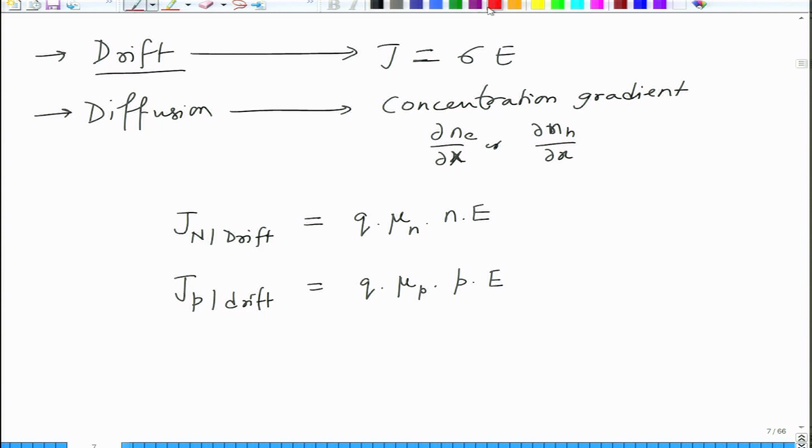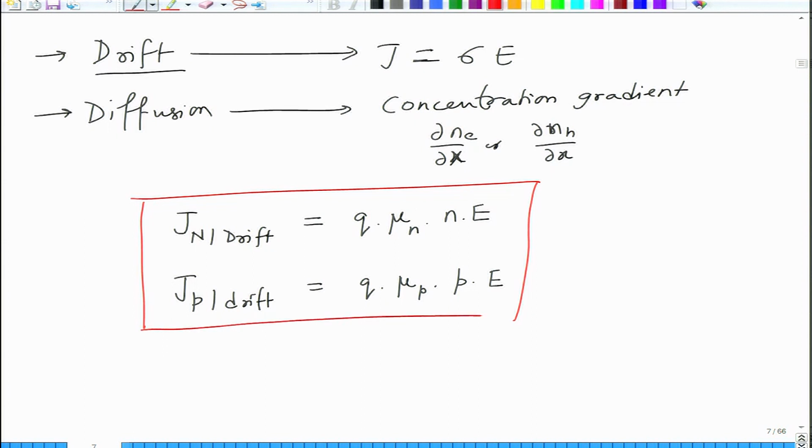These are the two expressions one can follow for the drift current. Essentially, it is nothing but J equal to sigma E. We are changing the terminology. q is the electronic charge, which we took as e earlier. Ne is the electron concentration, Nh is the hole concentration, mu n is the electron mobility, mu p is the hole mobility, and E is the electric field.